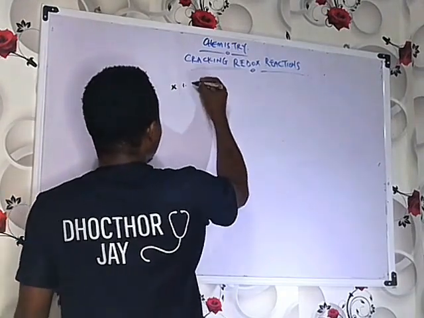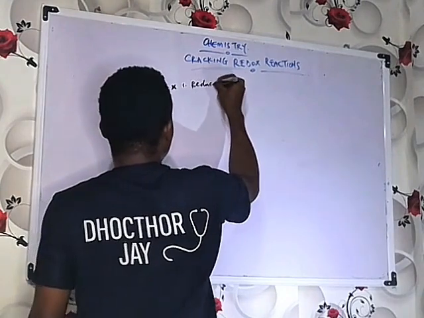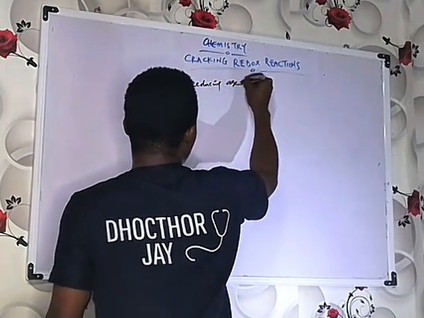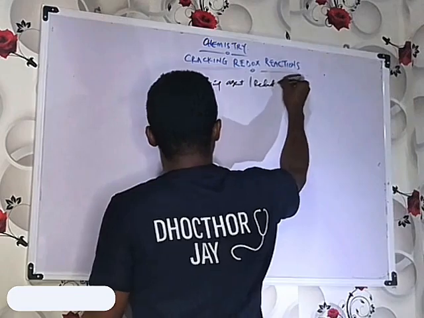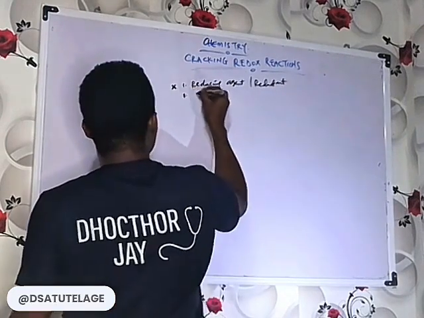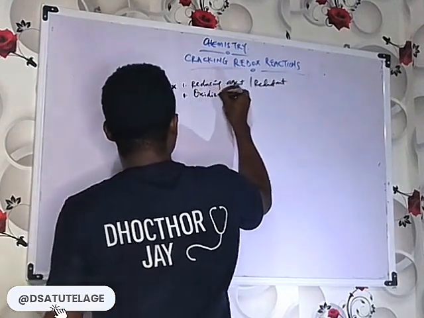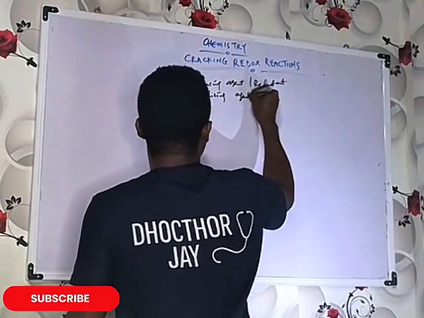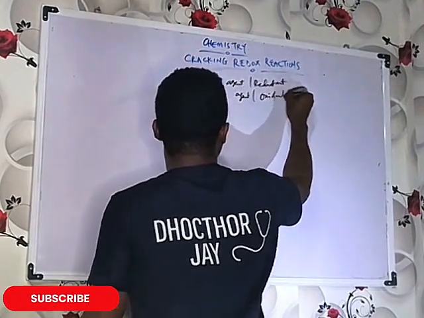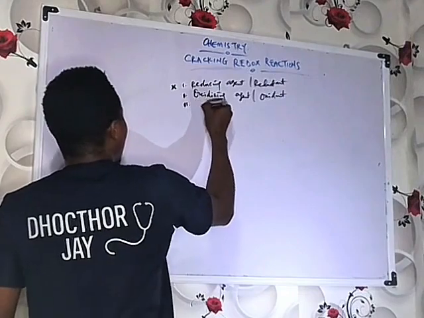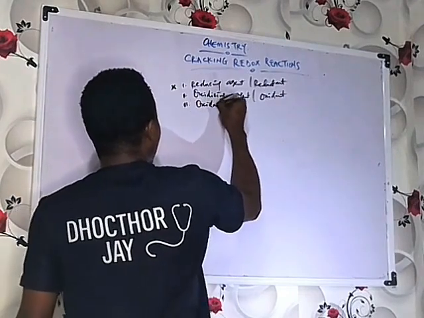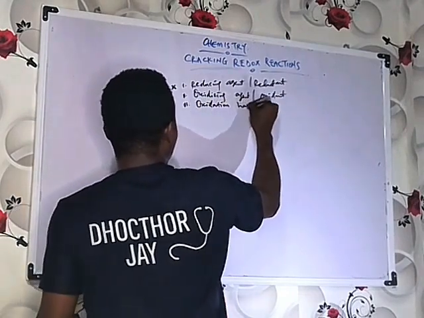Identify, number one, the reducing agent or reductant. Number two, the oxidizing agent or oxidant. Number three, the oxidation half equation.